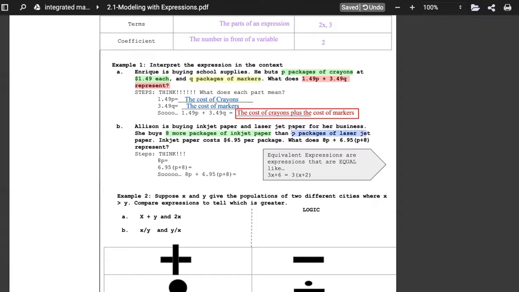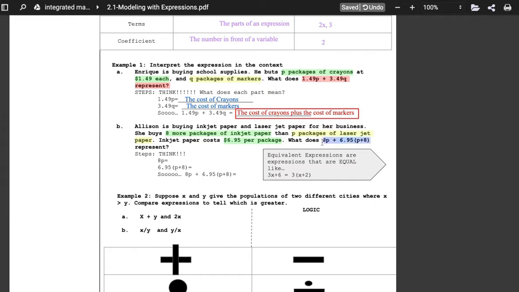And I'm just highlighting P in yellow because that's LaserJet, a different type of paper. So she buys 8 more packages of inkjet paper than she does of the LaserJet paper. The inkjet paper is $6.95 per package. And we want to know what our expression represents.